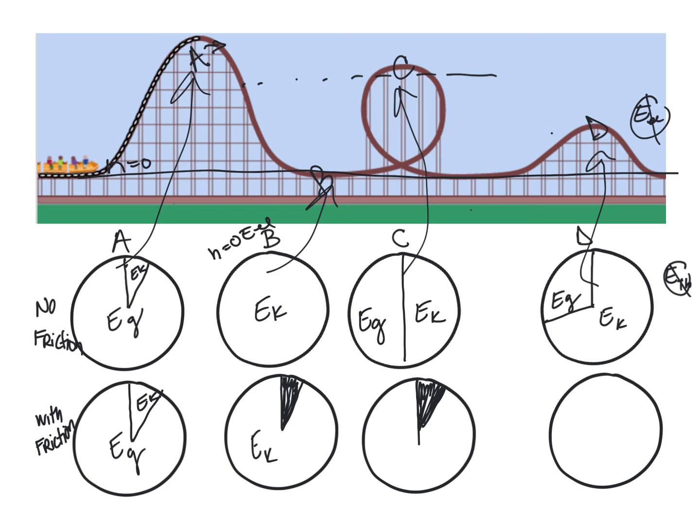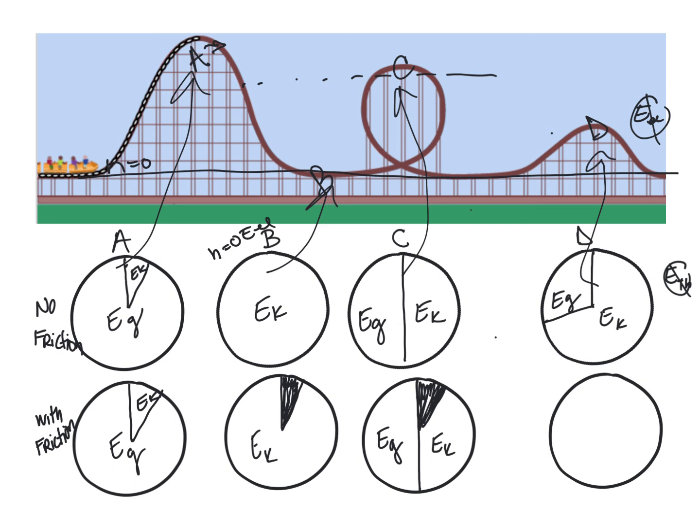It's not going to take it away from the gravitational energy, because the gravitational energy is dependent on the mass and the height of the roller coaster, which will still be the same, even though there is friction here and there wasn't in the first one. So it's going to take it away from the kinetic energy section, which makes sense because it's the kinetic energy that, as it rubs against and is moving, is where the thermal energy is coming from.